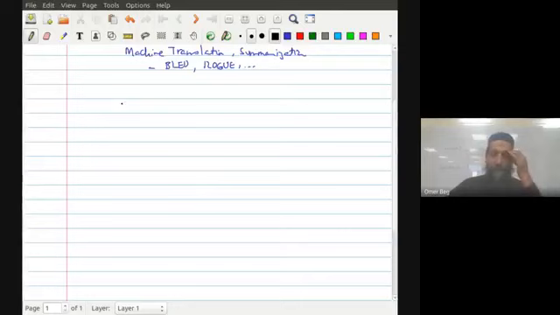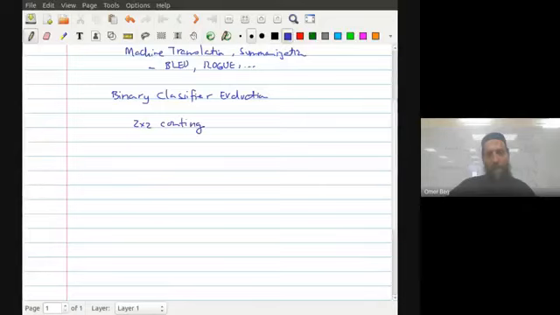For a simple binary classifier evaluation, we can draw a 2 by 2 contingency table, also known as the confusion matrix.